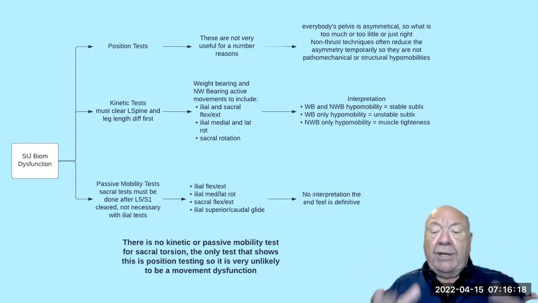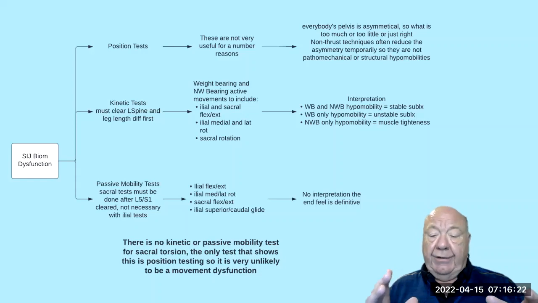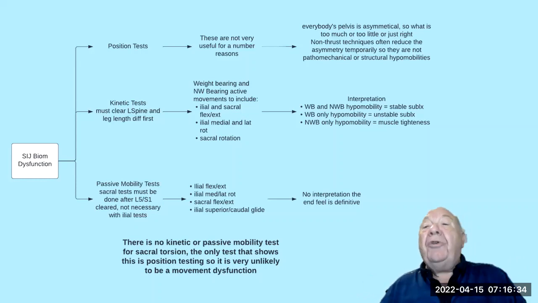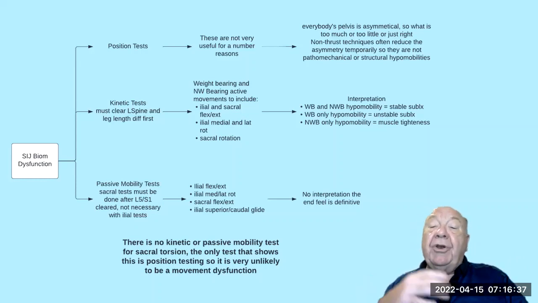So given that asymmetry is there, let's say you're position testing and you find that the right innominate is more anterior than the left. Now the question is, is that anterior position too anterior, just anterior enough, or not anterior enough? And you've got no metric to measure that with. You can't compare it to the other side and so on.